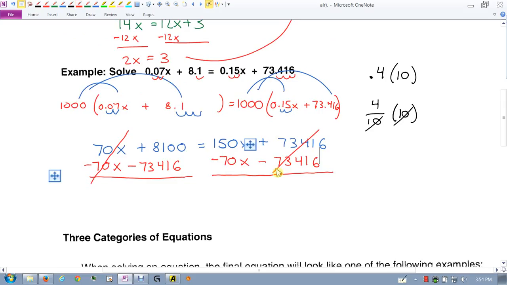How many x's are still there on the right side? 80? 80 x's. And when you take 8,100 and subtract 73,416, you get negative 65,316.